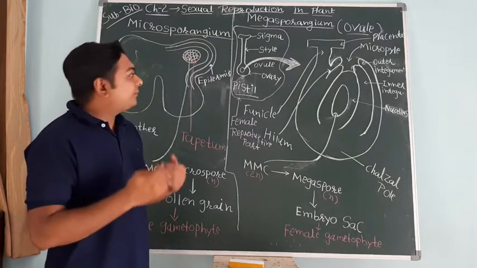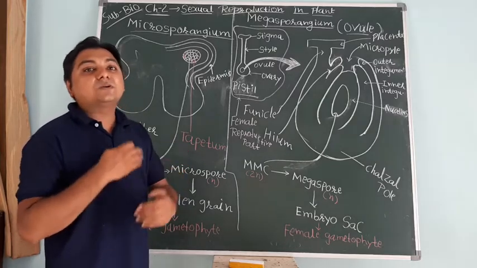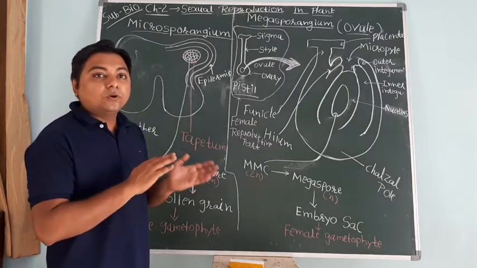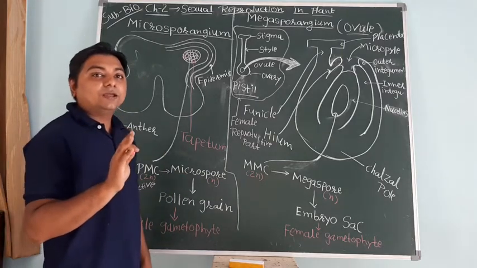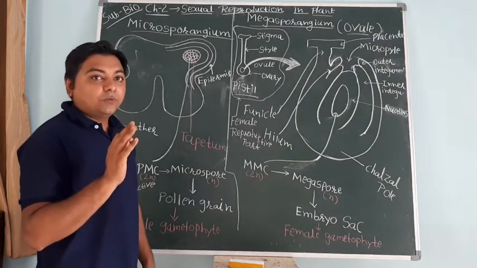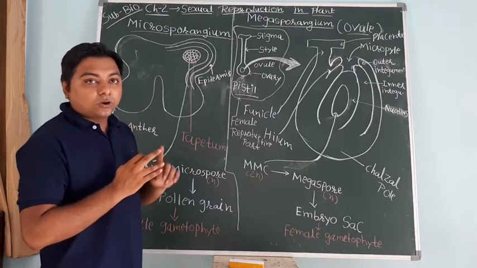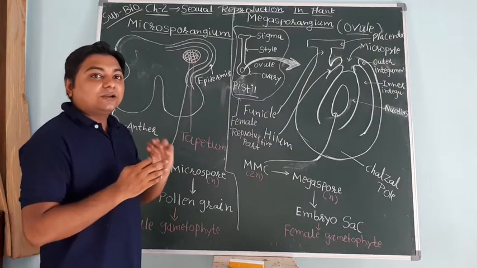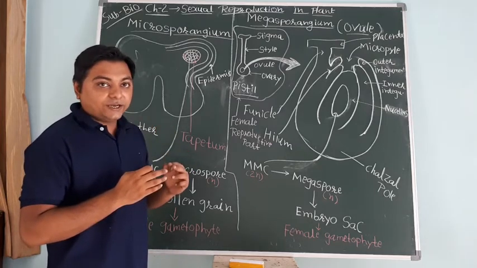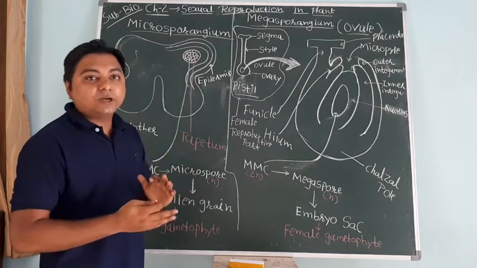Okay, so first of all we learn about the parts of a flower. A flower has four parts: calyx, corolla, stamen and pistil. Calyx and corolla are the accessory parts; they are not directly involved in sexual reproduction.